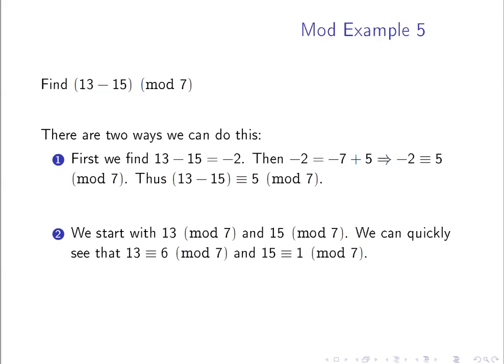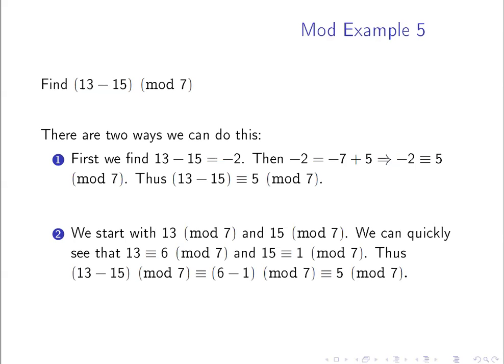All right, so if you did that, you would find that 13 is 6 mod 7 and 15 is 1 mod 7. What we can actually do now is 13 minus 15 mod 7 is equivalent to 6 minus 1 mod 7, which is then congruent to 5, because 6 minus 1 is 5.